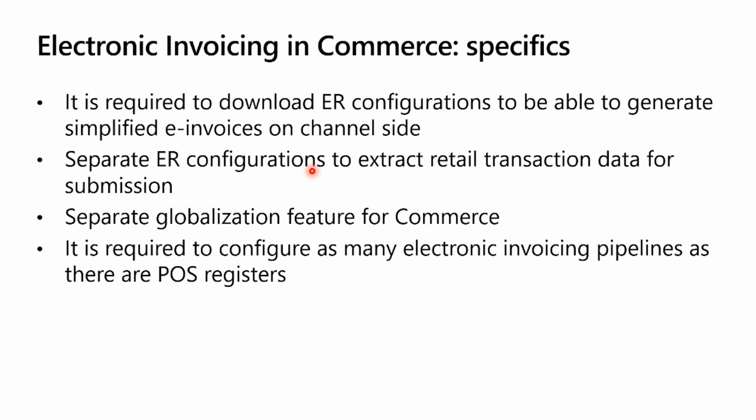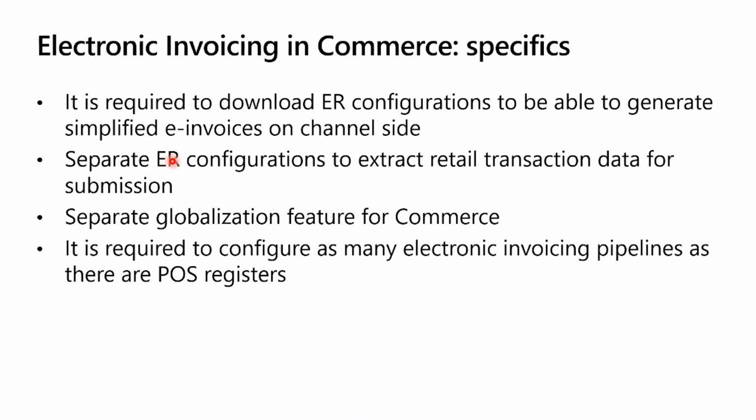So again, we have to download ER configurations, electronic reporting configurations, to our Commerce headquarters to import these configurations to be able to generate electronic invoices on the Commerce channel side. So compared to Finance, where you don't need to import those configurations to your Finance environment, because the generation of electronic invoices happens on the electronic invoicing service side, right?